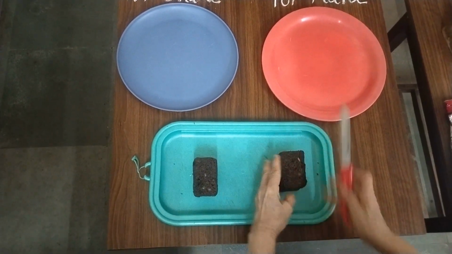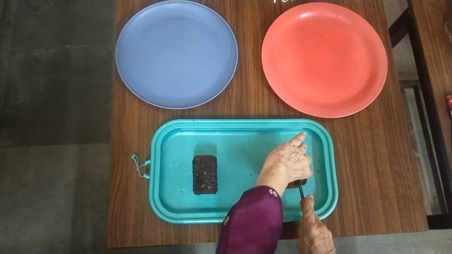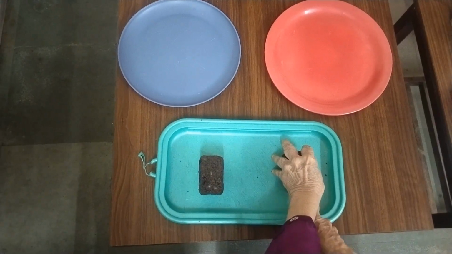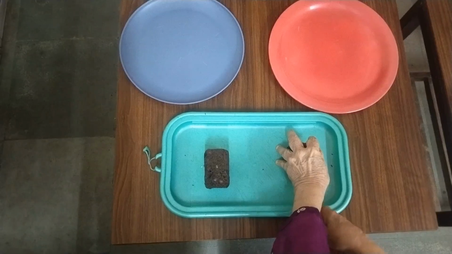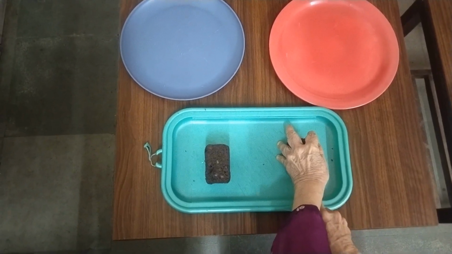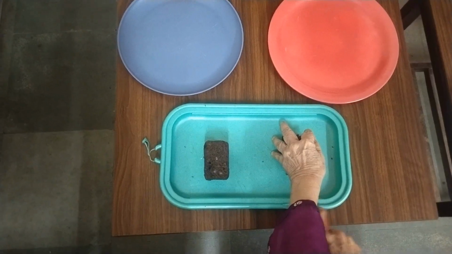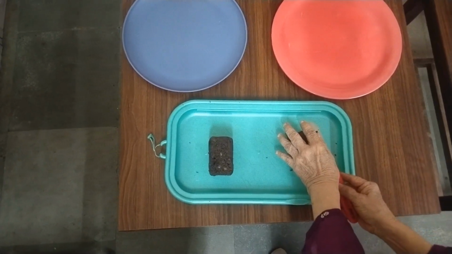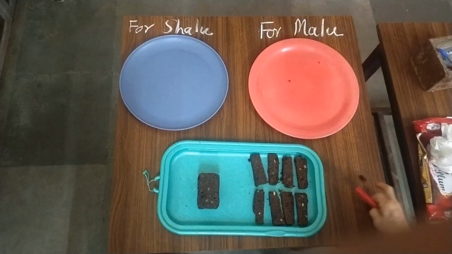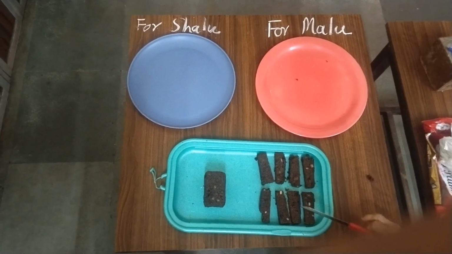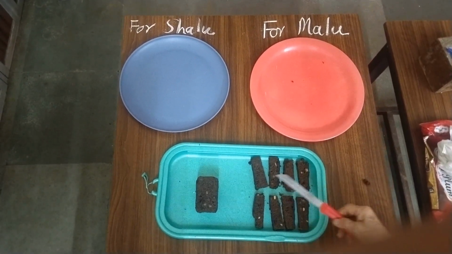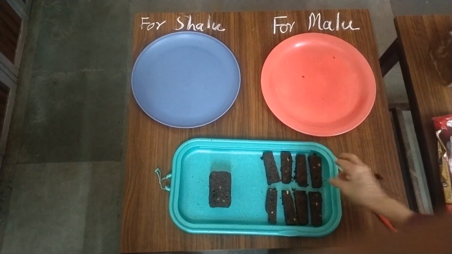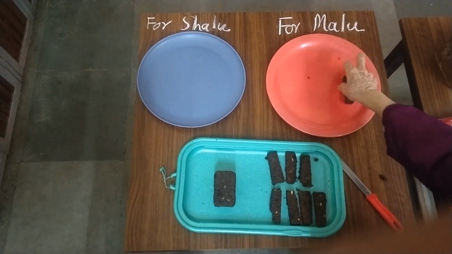So see how I am cutting. So Malu's cake I have cut into 8 equal parts. And now I am going to give her 3 parts out of 8.